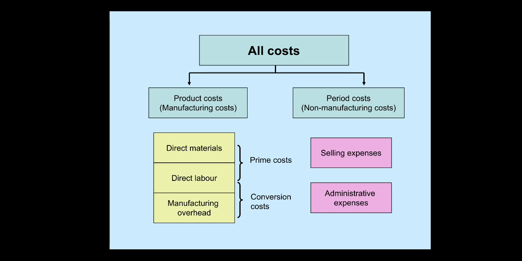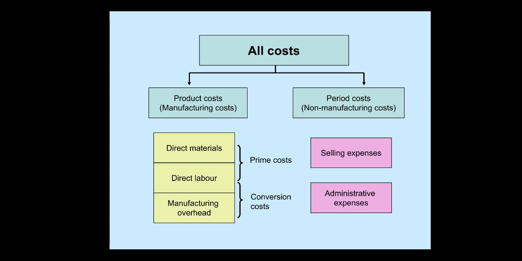In many businesses, manufacturing overhead is a small portion of the total manufacturing cost. So when somebody asks you to calculate prime cost, please remember prime cost equal to direct material cost plus direct labor cost. Another thing is direct labor cost plus manufacturing overhead equal to conversion cost.